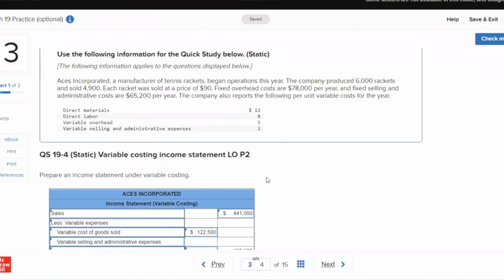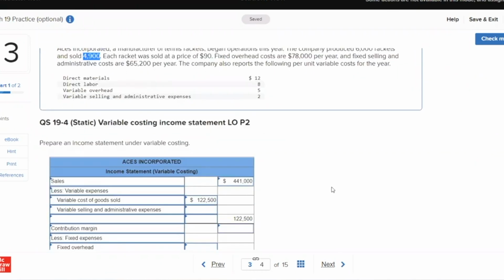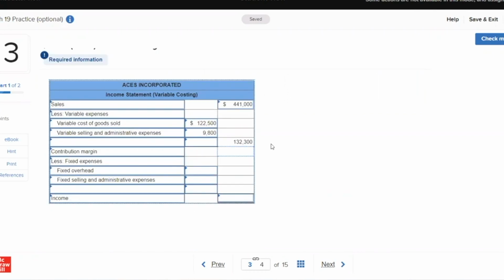Then the variable selling would be 2 times 4,900, because we sold 4,900. So what's 2 times 4,900? That gives 132,300.